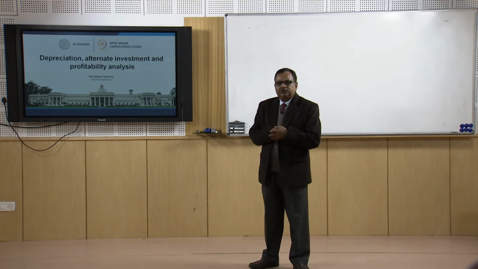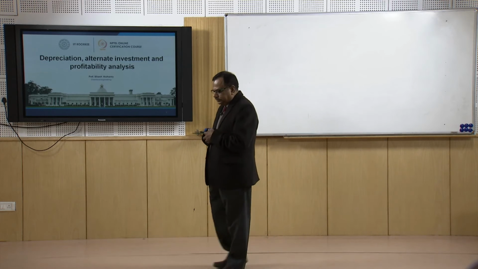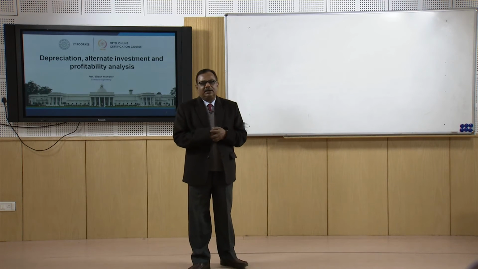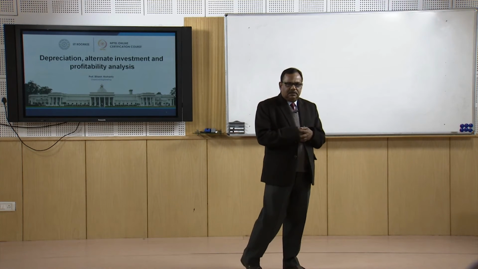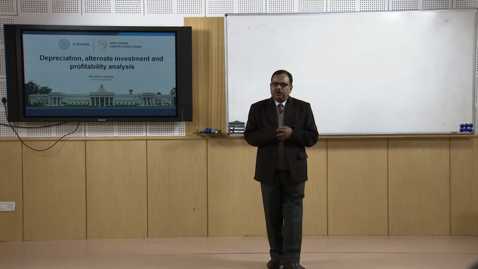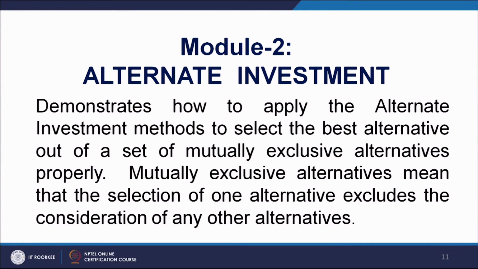Module number 2 in this course is alternative investment. This module demonstrates how to apply the alternative investment methods to select the best alternative out of a set of mutually exclusive alternatives properly.